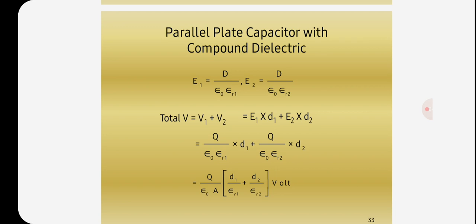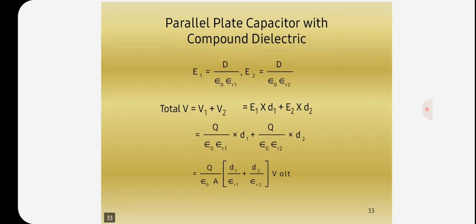So here, E1 is equal to D by epsilon naught epsilon r1 and E2 is equal to D by epsilon naught epsilon r2.